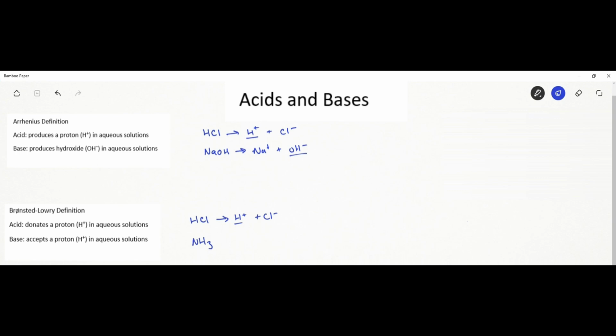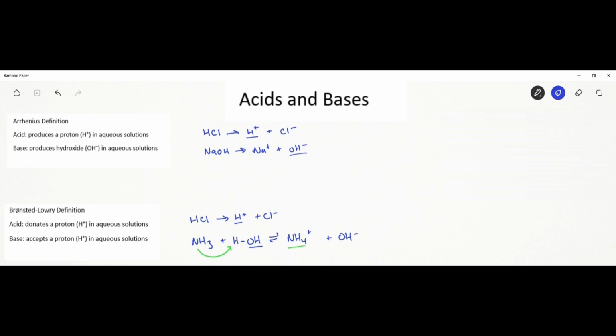So for a Bronsted-Lowry base, ammonia must accept a proton, and it does this by accepting a proton from water. It forms the ammonium cation, and what's left is hydroxide from the OH left in water. So our ammonia molecule has accepted a proton from water to become ammonium.